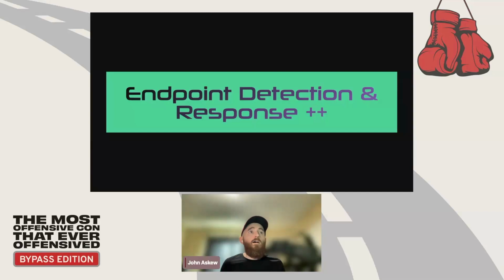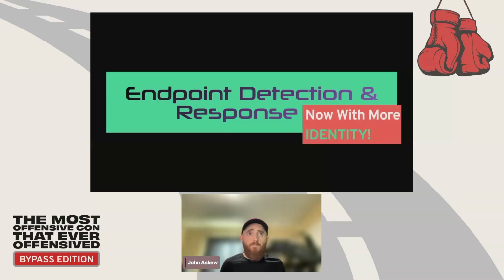So we have additions to EDR that get added on. One of those in particular is this idea of identity sensors. So identity is one of these add-ons to an EDR system that tries to provide additional telemetry, and a lot of it is based around network traffic.